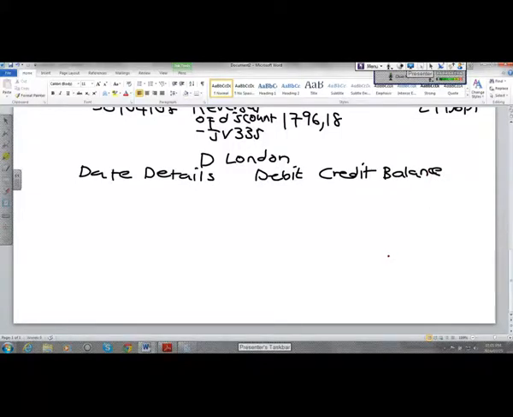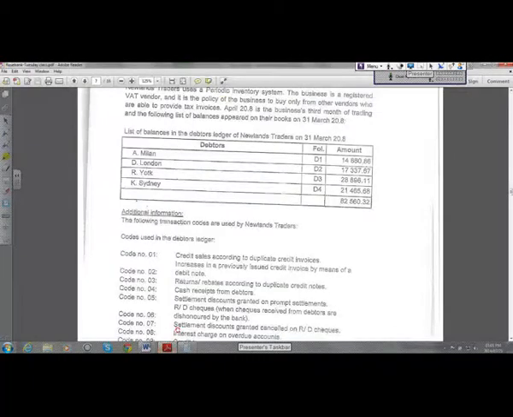So on the 31st March, let's get the balance. It's 17,337.67.